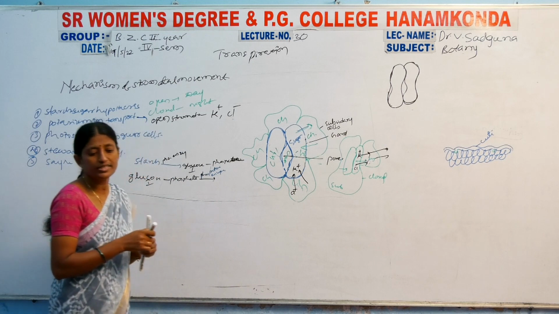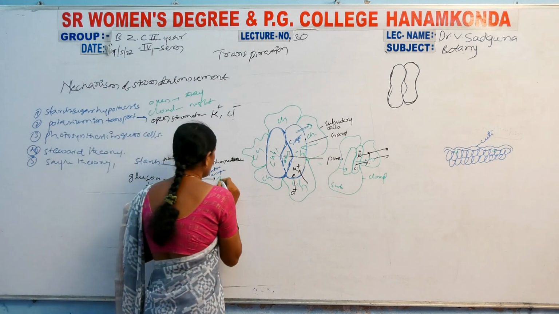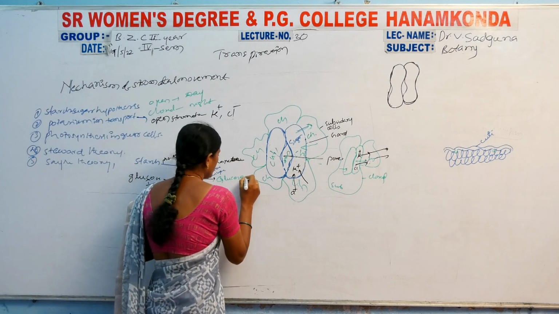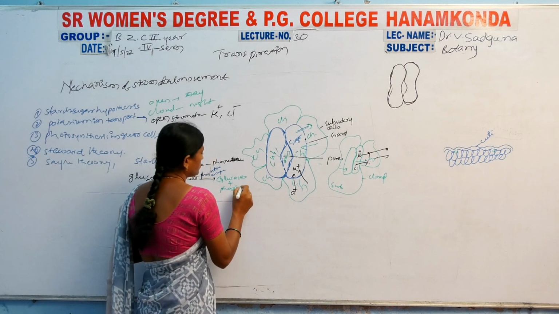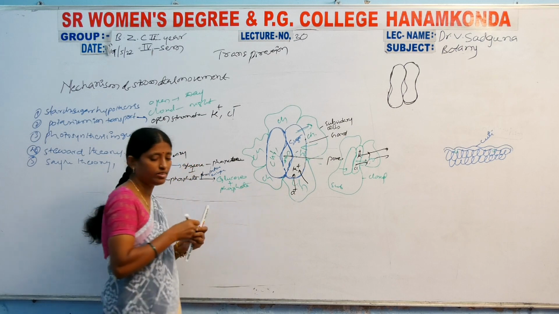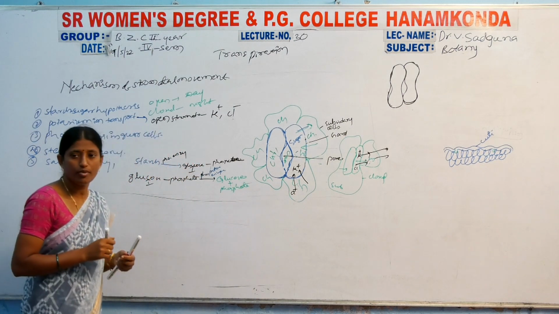The glucose plus phosphate gives glucose and phosphates.